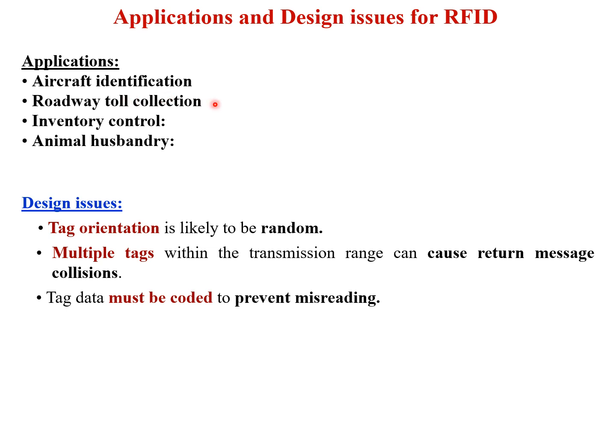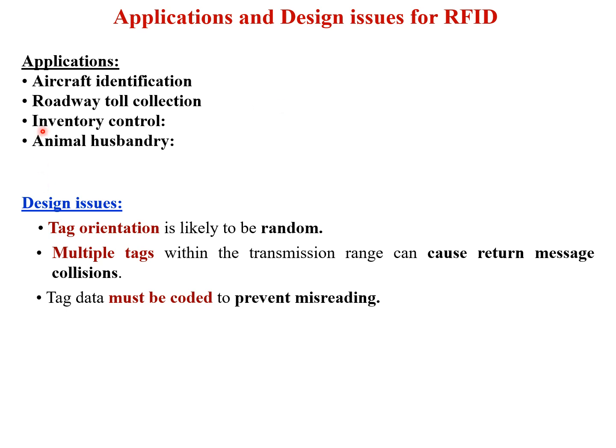And the roadway toll collection. A signal from an overhead transmitter at a toll route activates a transponder that is mounted on a vehicle, which transmits the car ID to the toll station receiver for billing purposes. Then the next one is inventory control. A tag on a product in a warehouse reflects a signal to the handheld reader to identify the contents of the box.